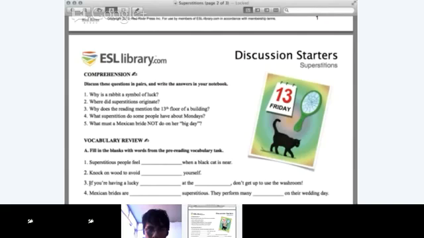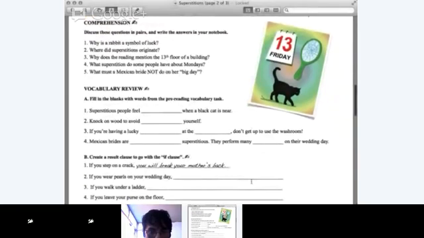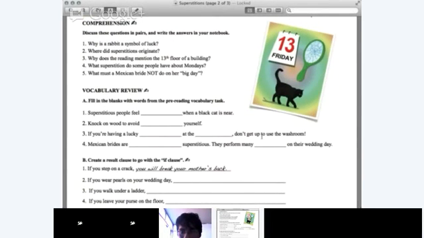What about number 3? Streak. You're having a lucky streak at the moment? Moment or casino, yeah. So moment does work, but casino is one of the words they give us. But good. You're having a lucky streak at the casino. Don't get up to use the washroom. All right. What about number 4?